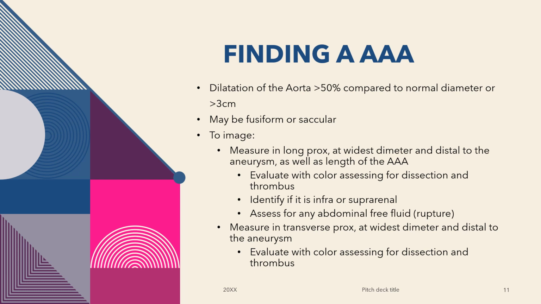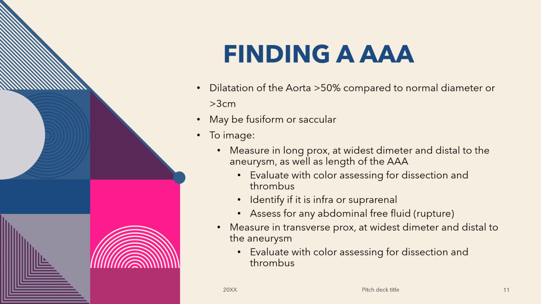Now, as I mentioned before, aneurysms can be fusiform or saccular or a pseudoaneurysm, so I won't bore you with the details on that, but you'll really be able to identify those best in transverse, and that's why it's so important to be going back, doing evaluations in long, evaluations in transverse, and evaluations in both long and transverse with measurement and with color flow.